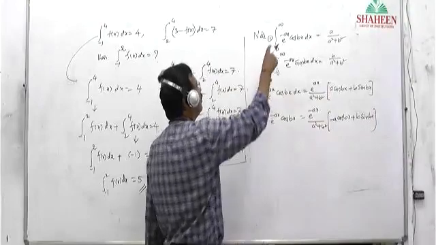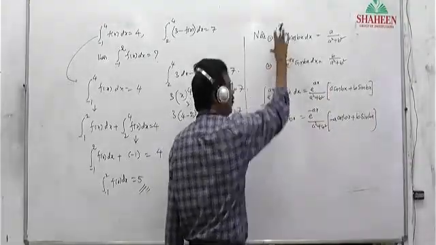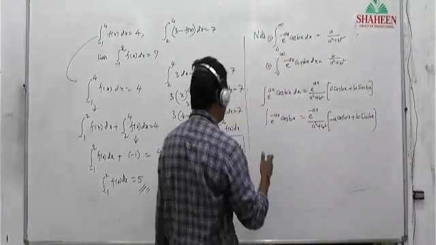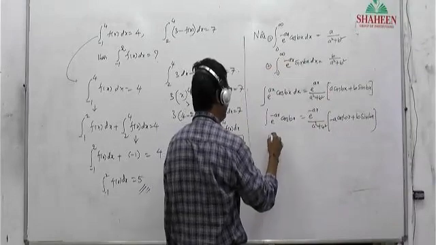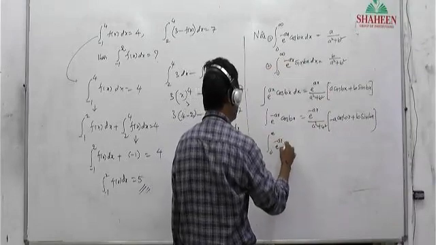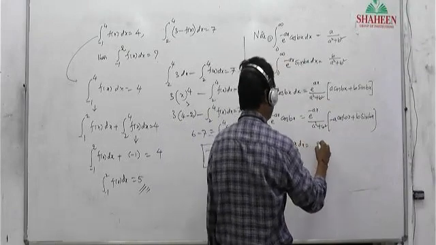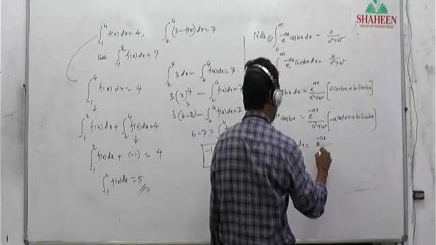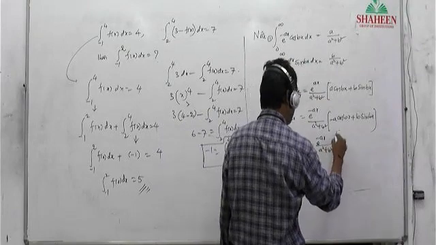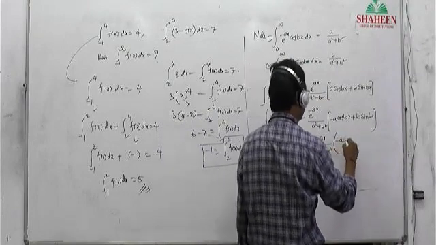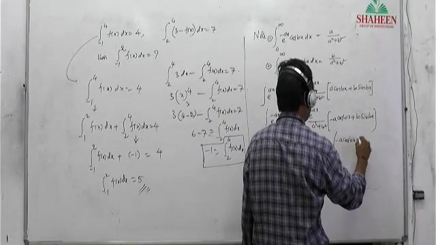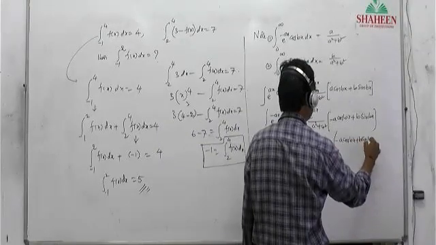Now this integral we got. Now let us apply the limits to the integral from 0 to infinity of e power minus x cos bx dx, which is e power minus x by a square plus b square into minus a cos bx plus b sin bx.